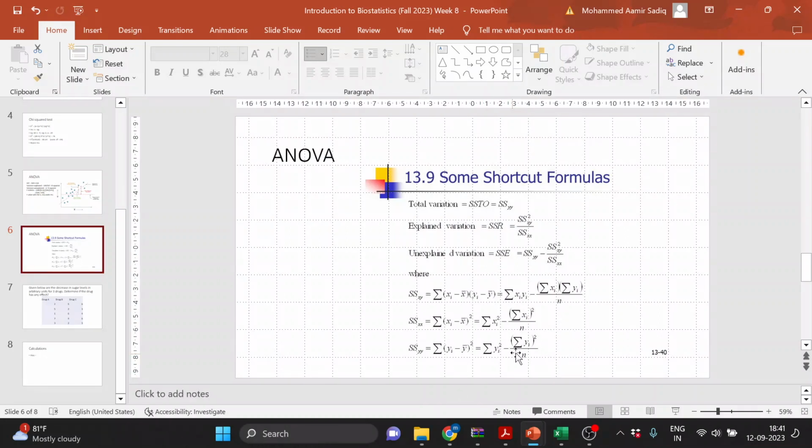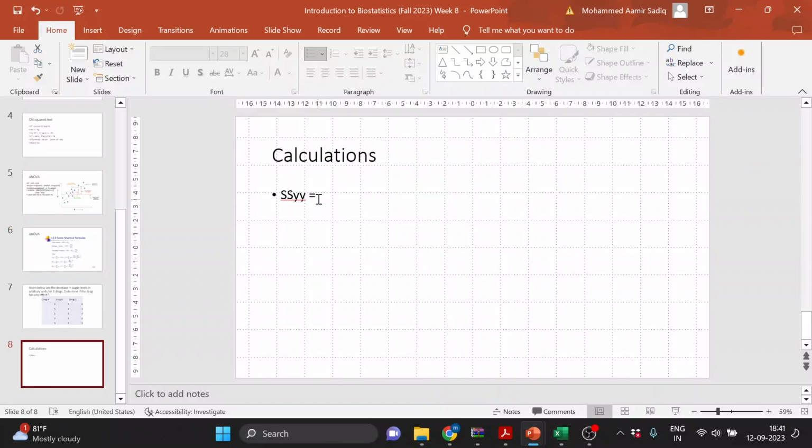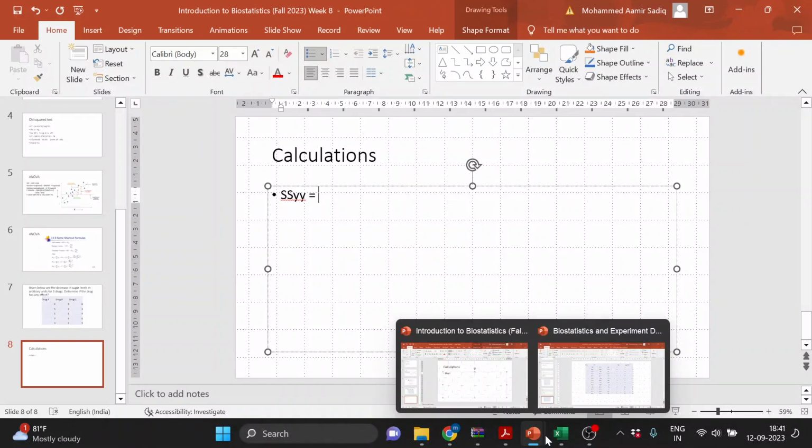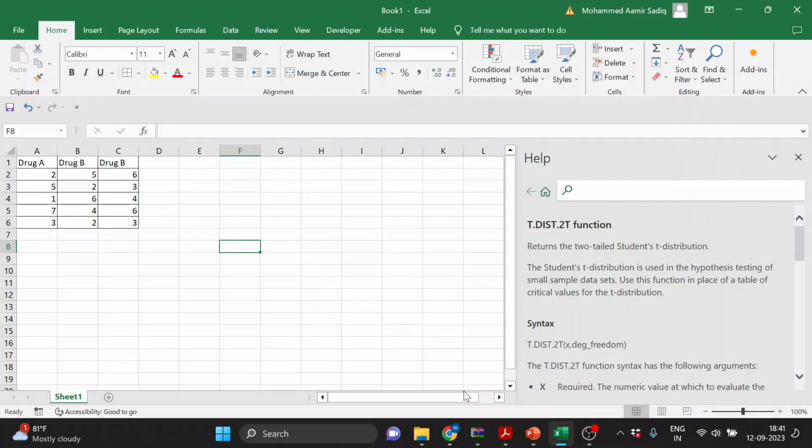That's sigma yi squared minus sigma yi the whole squared divided by n. So let's do that here. What is your yi? Let's do it on Excel actually.